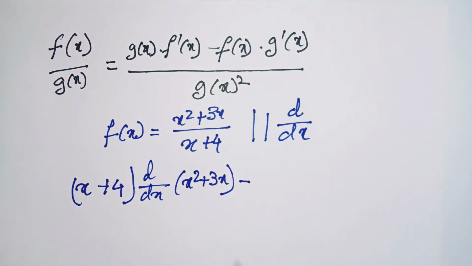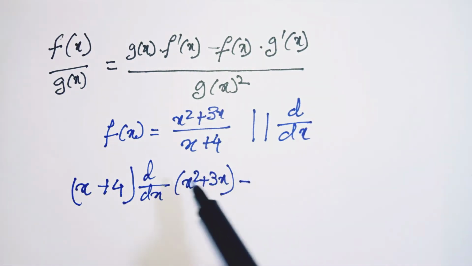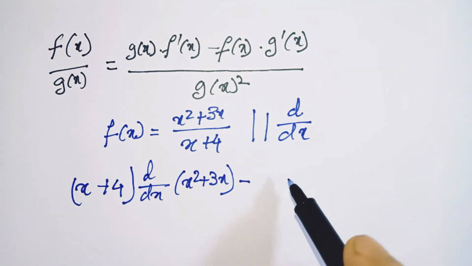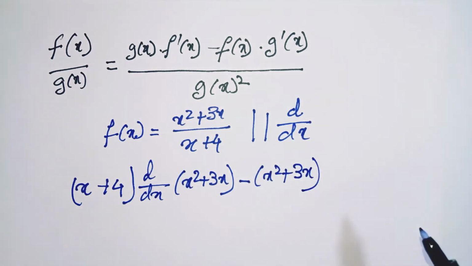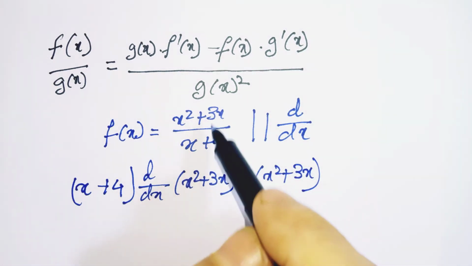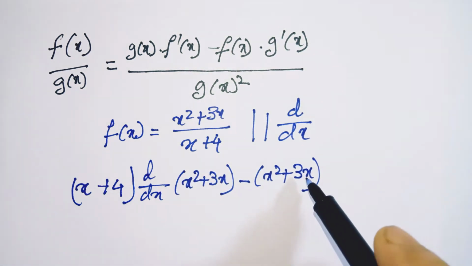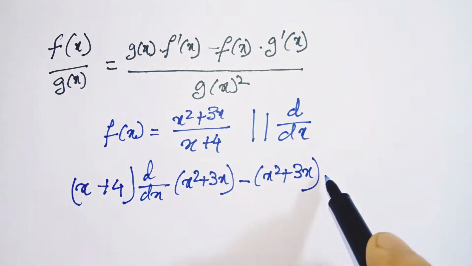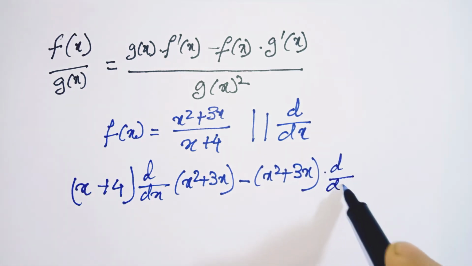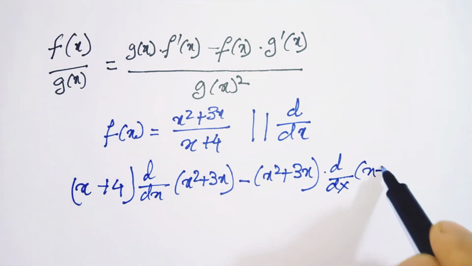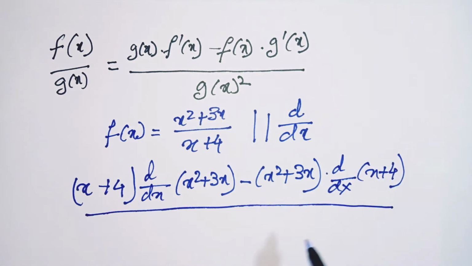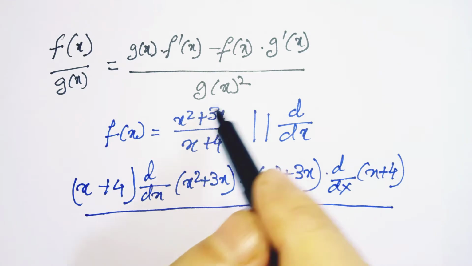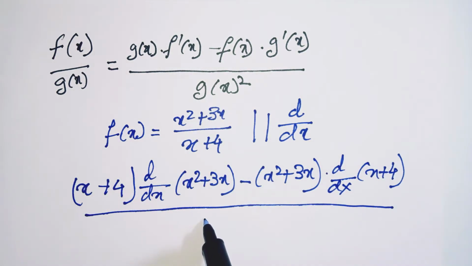Then again f of x, so we are not differentiating, we're just putting this term, x squared plus 3x. Then we have to differentiate g of x, which is x plus 4, so I write d by dx of x plus 4. I put a line, and this would be g of x squared. What is g of x? This one, so I can put x plus 4 whole squared.